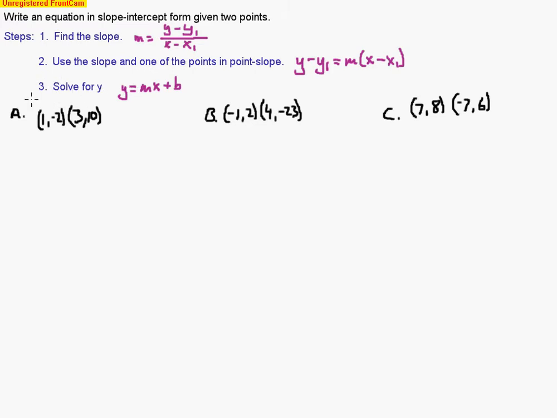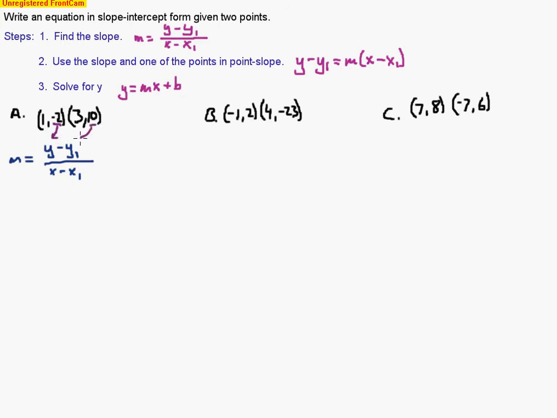So we've got a few examples to go over. And the first thing we're going to do again is find the slope. So remember, the slope of the line is when we take our 2 y values and write that as a subtraction problem over the 2 x values. So let's take those y values. The y values are -2 and 10.